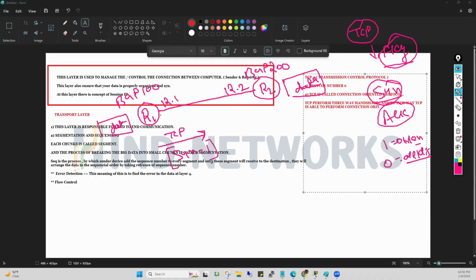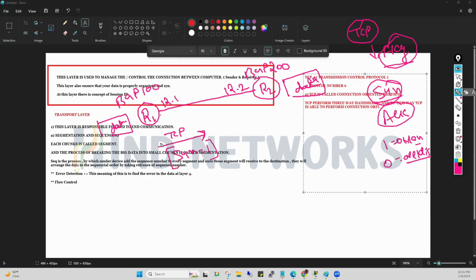Because when these services reach layer number 4, how will you identify which service this packet belongs to? With the help of the port number. Getting my point, everyone? For example, if at layer number 4, I receive any packet with port number 80, then I can easily understand this packet belongs to HTTP. Getting my point? Understand, everyone? Tell me yes or no.